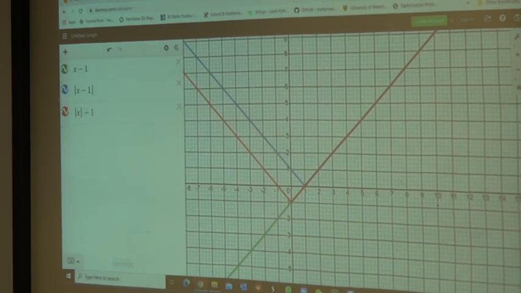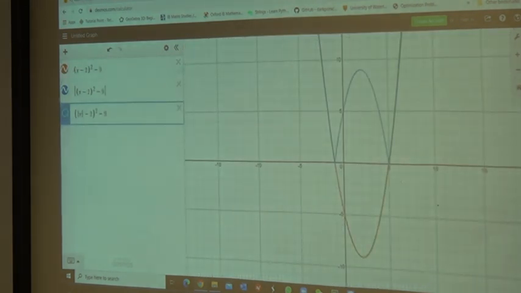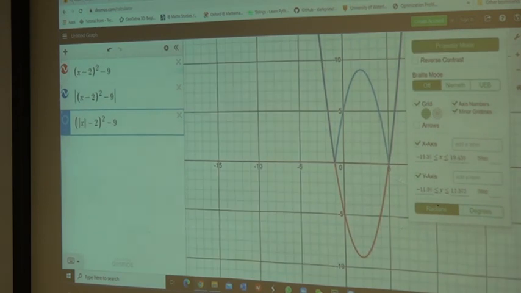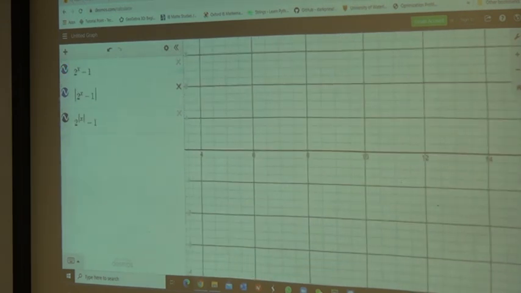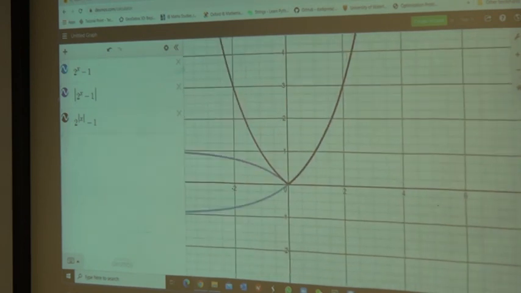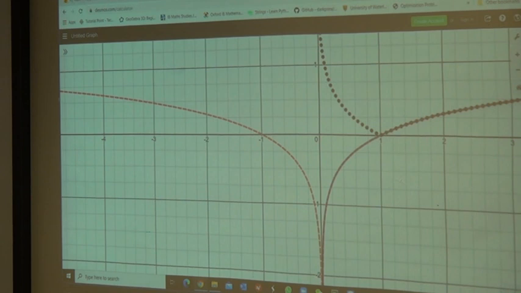The original function is green. Shush, please. The absolute value of the original function is that. What do you notice? Let's remove this. Let's discuss the absolute value alone. Projector mode, please. Thank you. Let's remove the third one, just the absolute value. Okay, first.